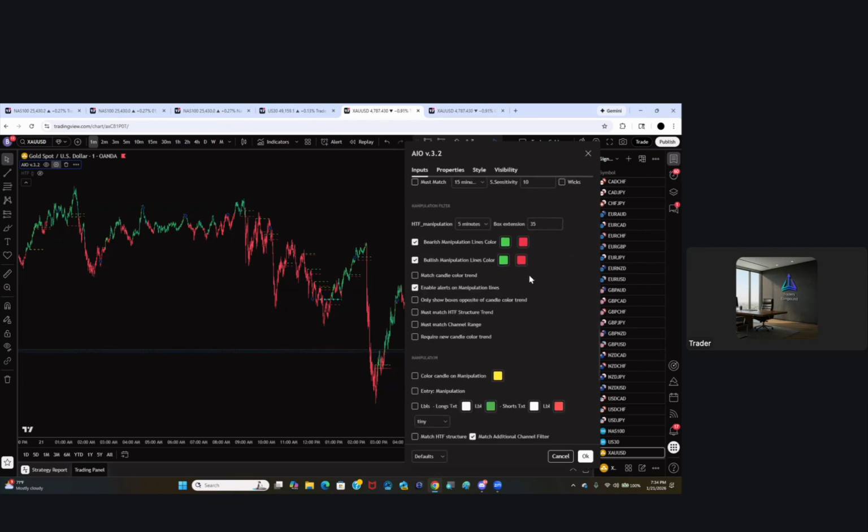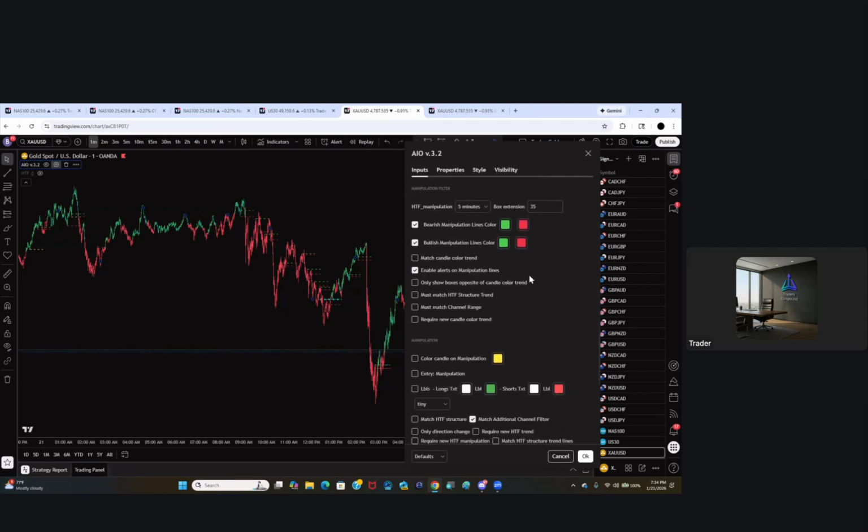And then look at how many things I'm skipping because I have so much of this automated. I have my manipulation lines down here under where it says manipulation filter. I have these turned on, and those are my colors. Green on the left boxes, red on the right, to make sure that it's always showing me what the bearish side and what the bullish side is of the zone.